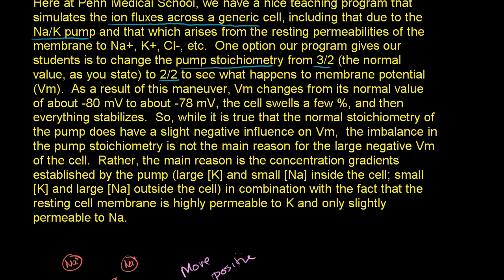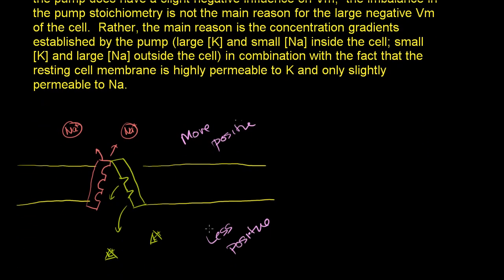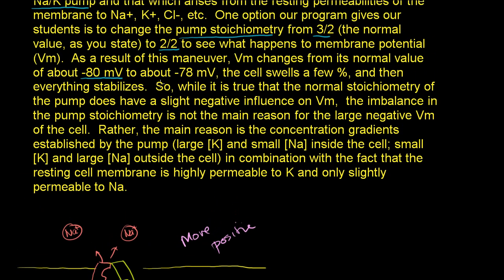But he goes on to say, so they could change it to 2 to 2 in the simulation. As a result of this maneuver, the membrane potential changes from its normal value of about negative 80 millivolts. They take the voltage here minus the voltage there, so that you get a negative number. This is more positive, it's a larger number. So it changes from negative 80 millivolts to about negative 78 millivolts.